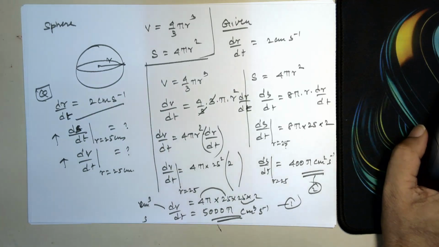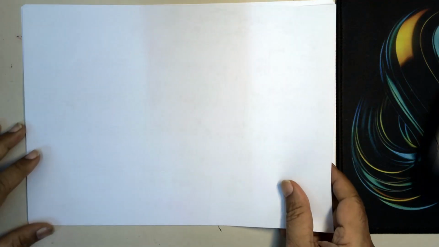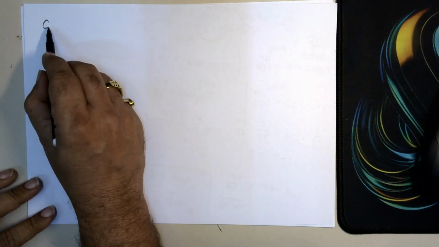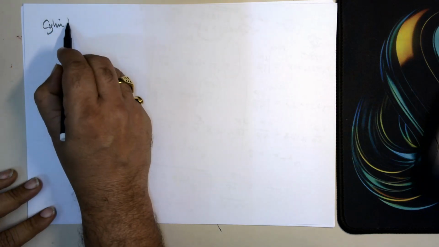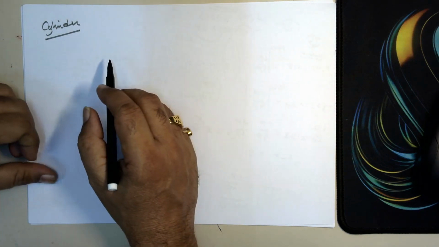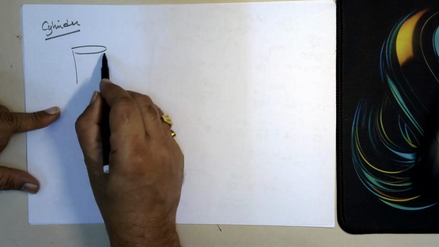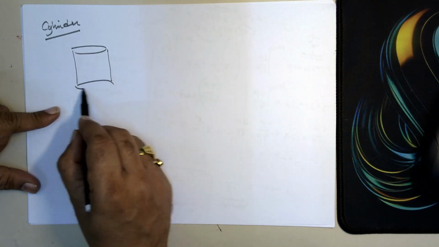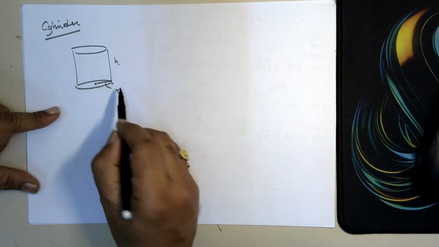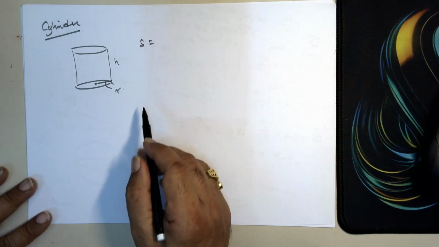Now let us move to the cylinder. For a cylinder, you have got the height h and the radius r. Now what is the surface area?